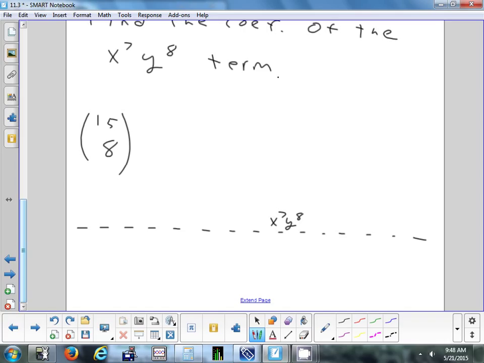In Pascal's triangle, I want to know the number of 15th row, 8th column. It also just happens to be this number right here, but there's several ways you can reason that out.